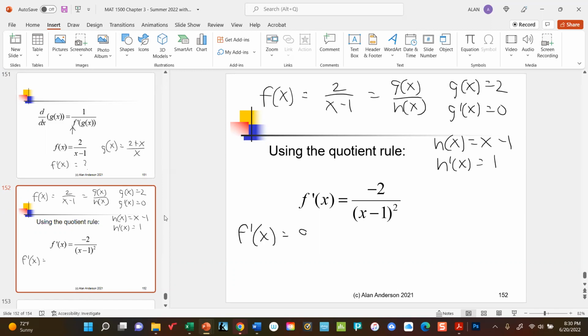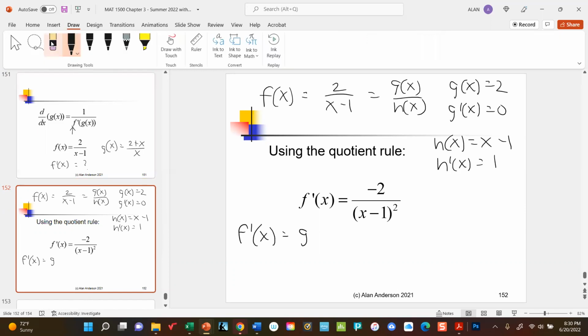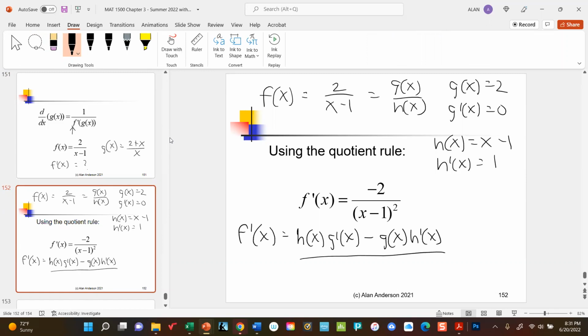The quotient rule says to do this. Whoops, h of x squared.